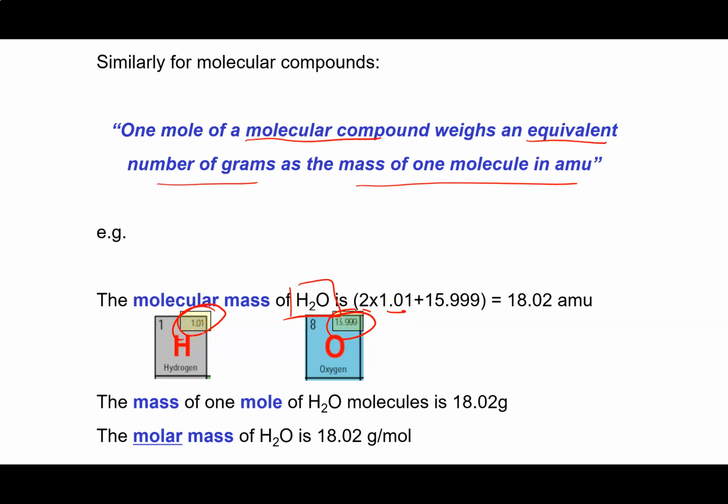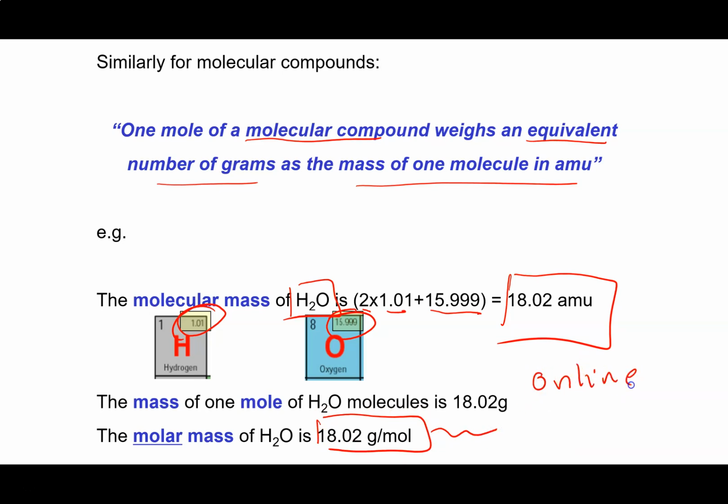Each has a mass of 1.01 AMU, and then we need one oxygen atom, which has a mass of about 16 AMU. We add those things together, the mass of one water molecule, 18.02 AMU. So what's the molar mass of water? 18.02 grams per mole.